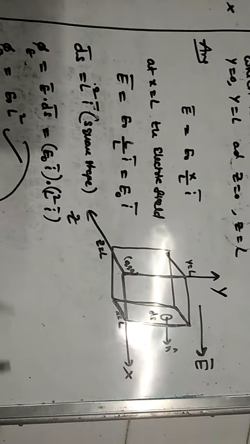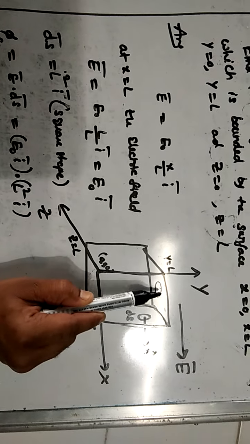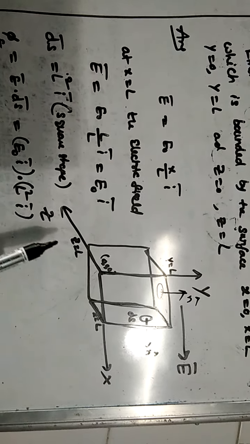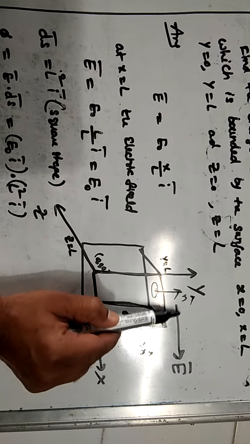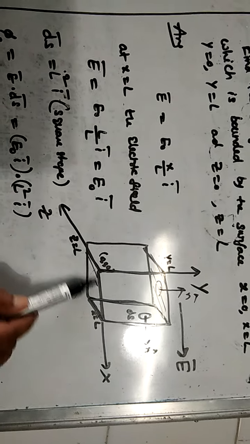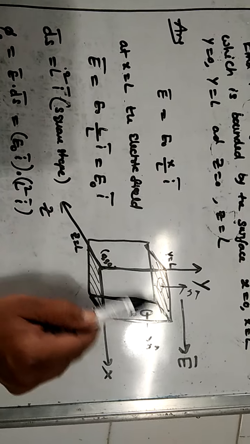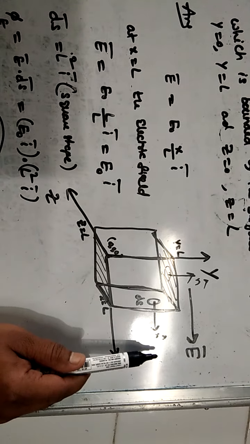And here you will get some doubts. Why is sir taking only this direction? Why is he not taking the others? Sir, if I take n cap here, what will happen? I told you n cap is like this, the electric field is like this, both are perpendicular. From this surface or the bottom surface, flux is not coming. That is why I am not considering these faces. In which direction flux is coming, that alone I want.